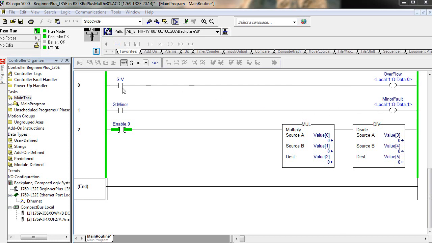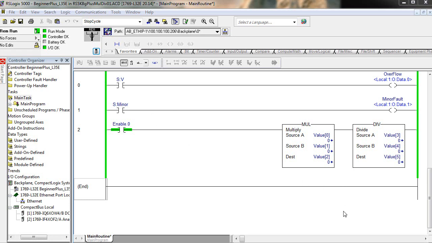So in other words, these are not set, so these 2 rungs are false. It turns these 2 bits off. You execute this rung, and it sets these 2 bits again, but then they're cleared.